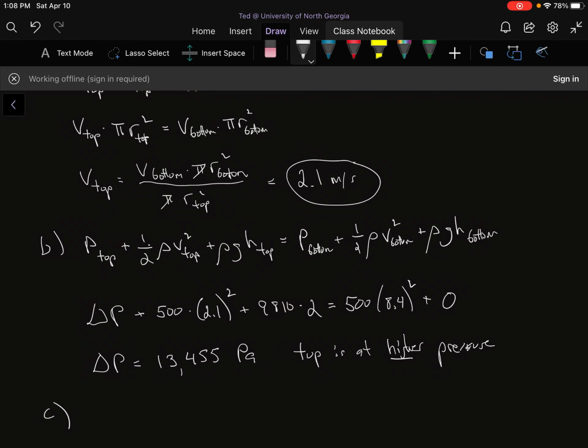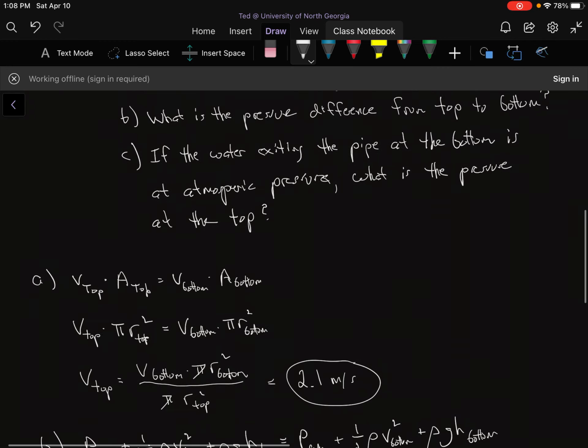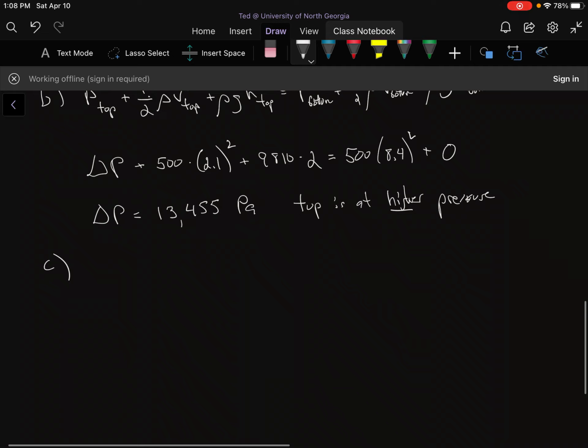Okay, and then part C says, great, if the pressure at the bottom is equal to atmospheric pressure, what's the pressure at the top? Well, atmospheric pressure is 101,300 pascals.